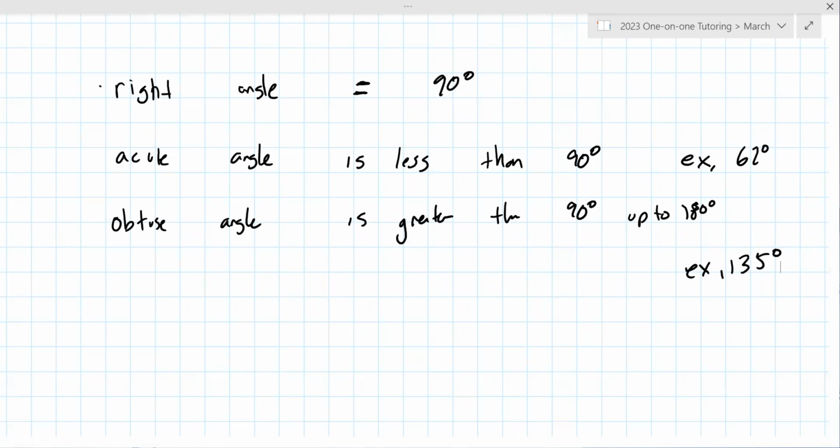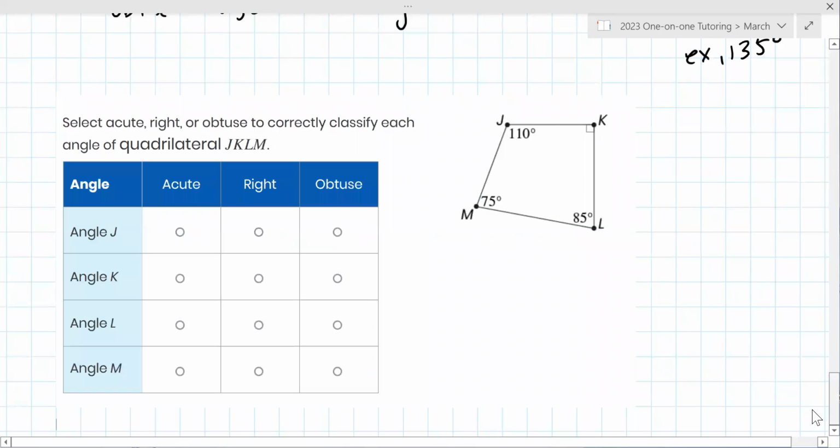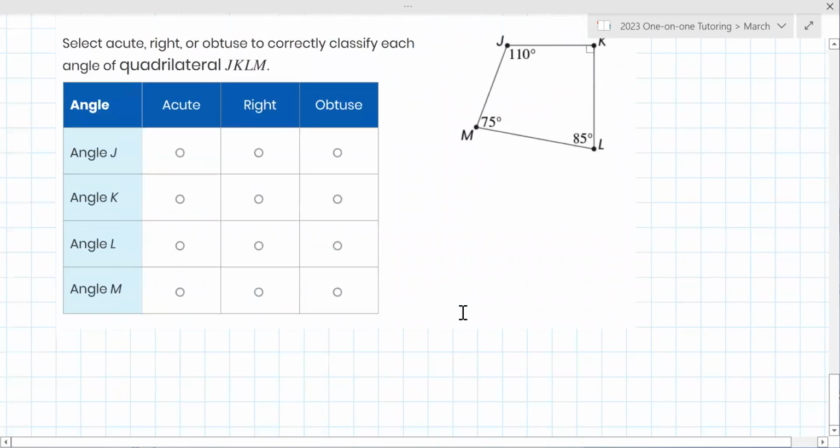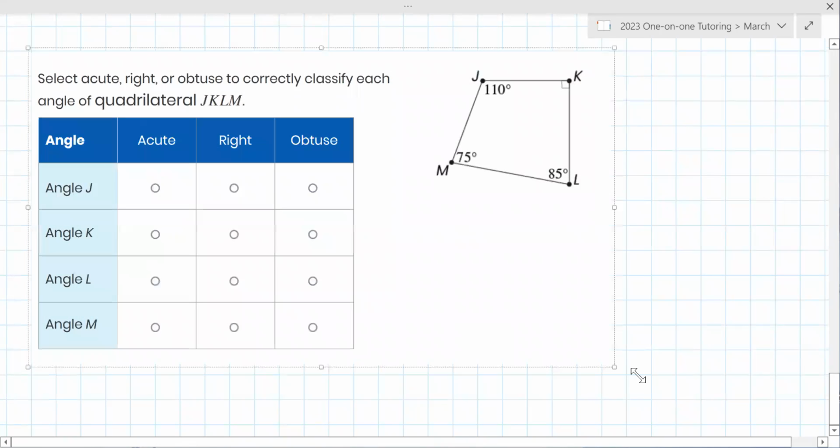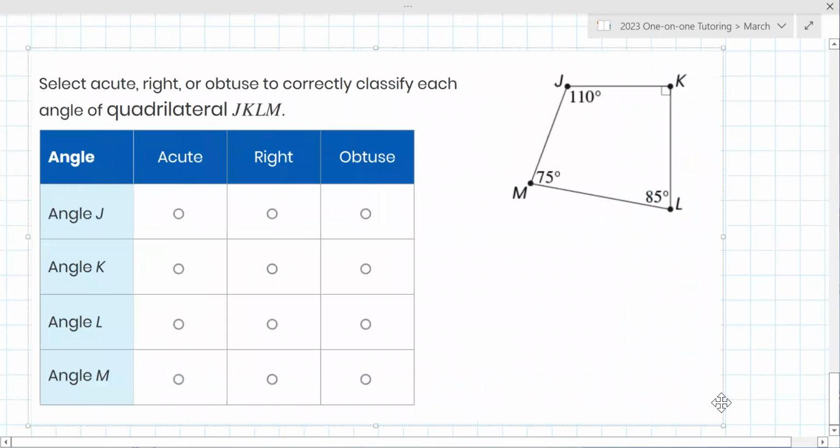All right. So let's take a look at a problem here. And it's just angle classification. So you probably already know how to do this here. Let's look at these 4 angles. Oops. Sorry, I'm just trying to get this to be a little bit bigger on the screen there. Angle J. Angle J is up here. Is it an acute, right, or obtuse angle?